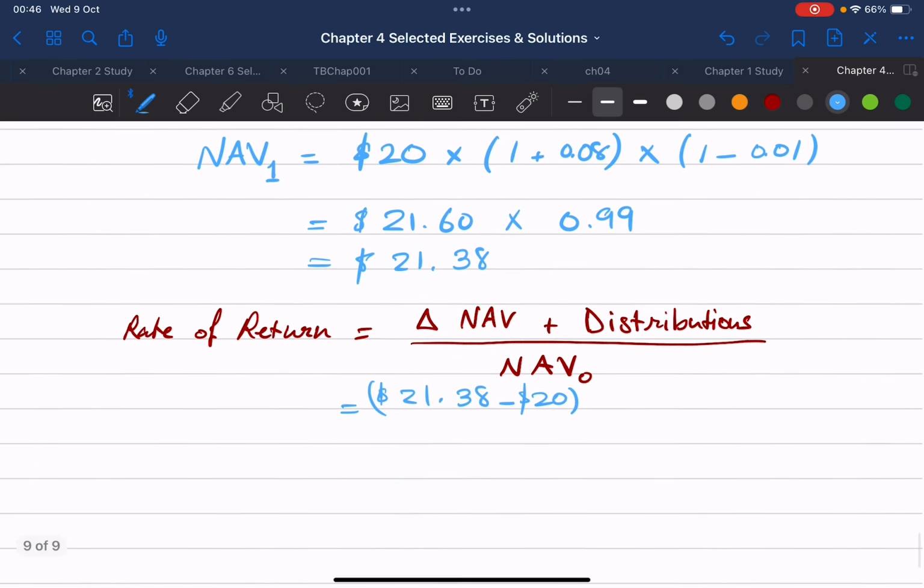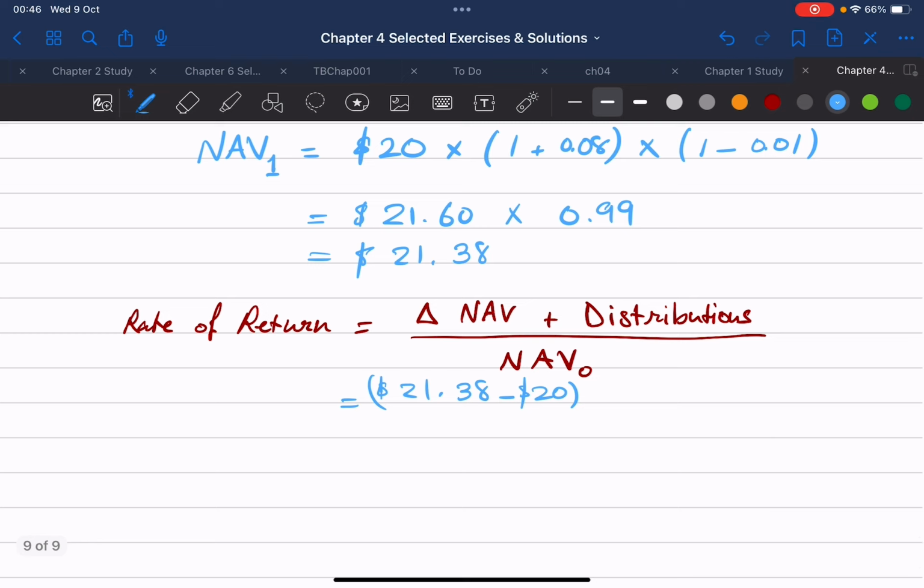So I'll either do it this way and say 2 million divided by 10 million, or you can do this calculation somewhere here on the side and then use the outcome to substitute in your formula. All right, all of that divided by the start of year net asset value, which was $20, right?